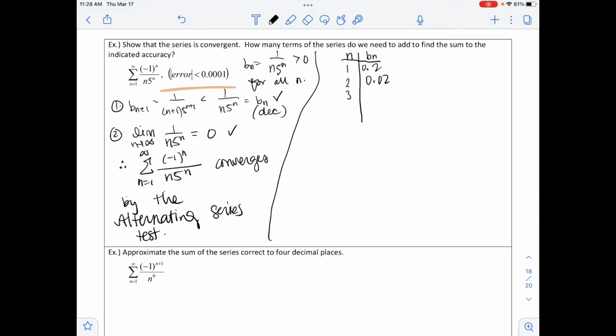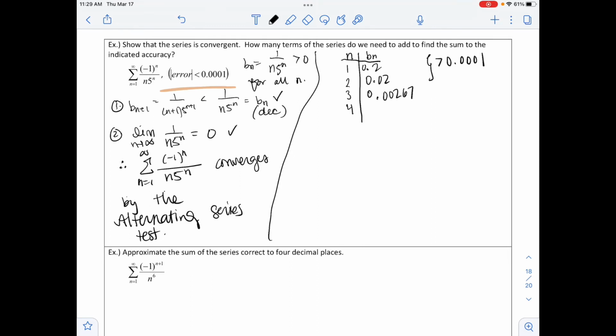That third term is going to be 0.00267. So as we're adding these together and getting our sum, you'll notice that so far these values are all greater than 0.0001. So these are changing that sum within this bound, and so I still need to keep going.